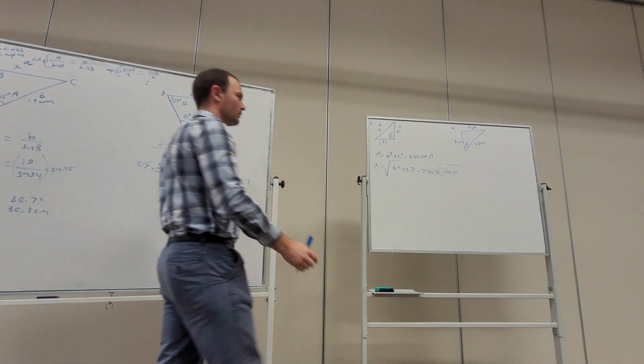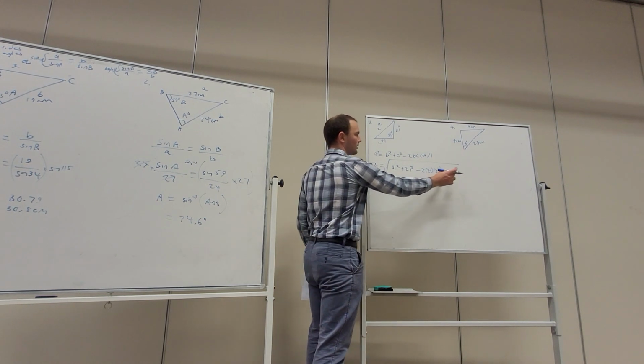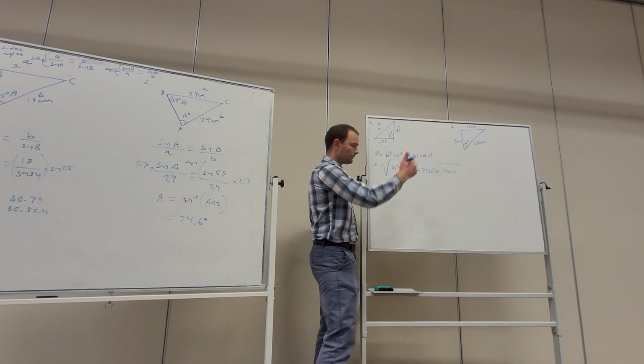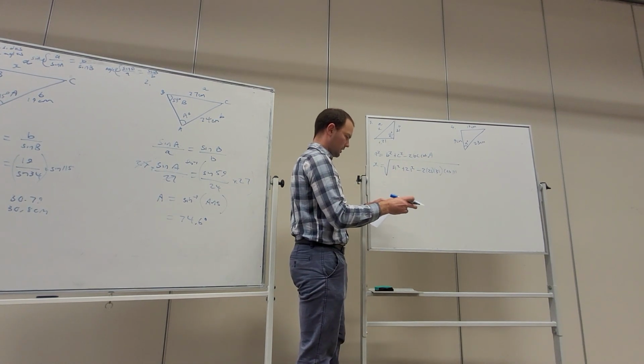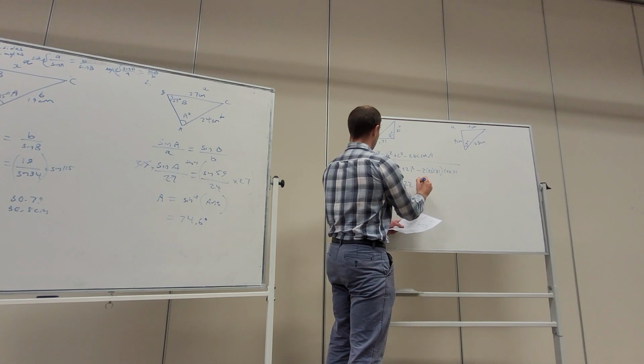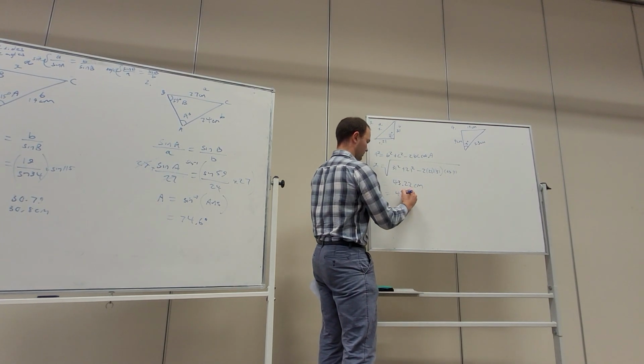So you just put in what's b, what's c, and then cos of the internal angle there. If you evaluate that, I've got 43.22, centimetres, 43.2.